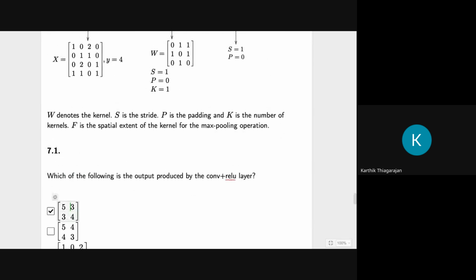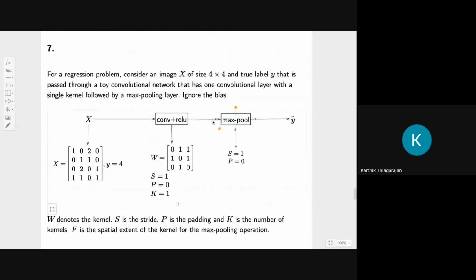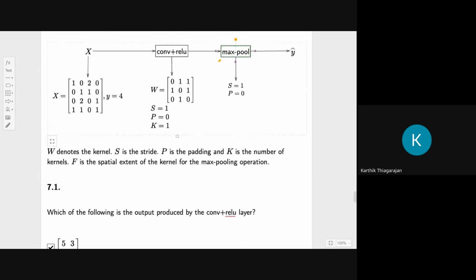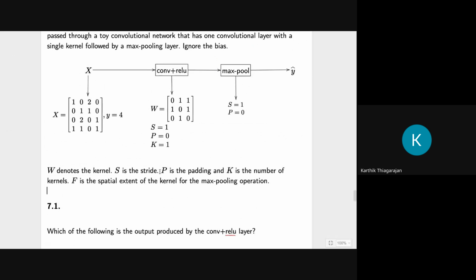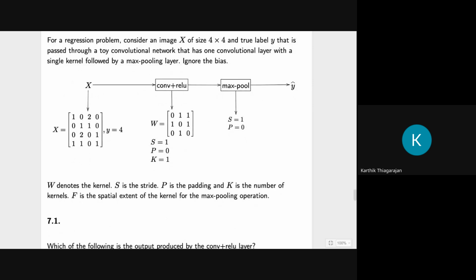Find y hat. So y hat is just 5 because you have a max pool, and the max pool size is given to be, didn't we give the size of max pool? Okay, I think we gave.